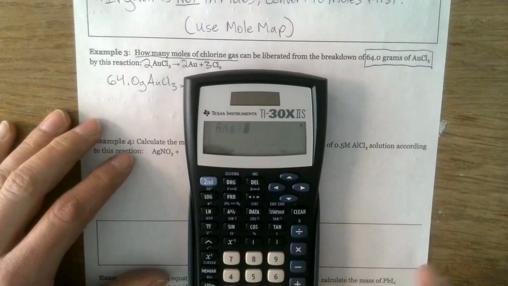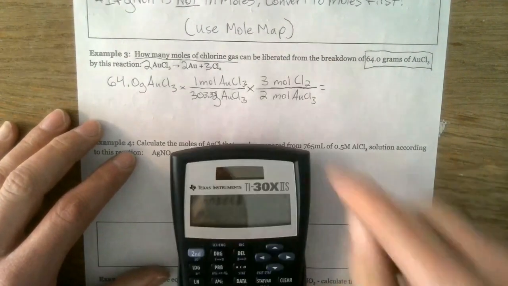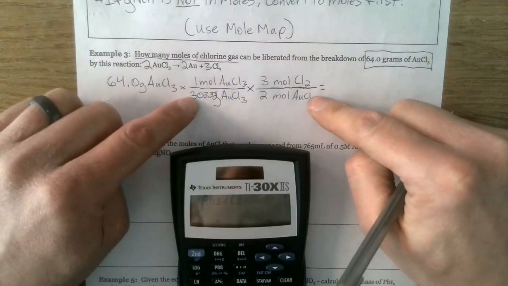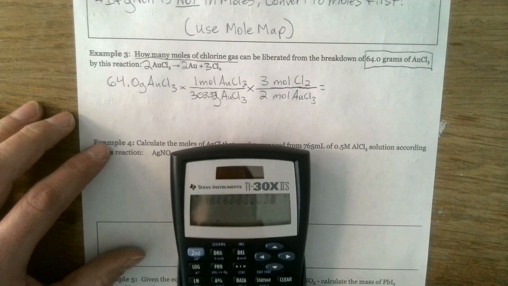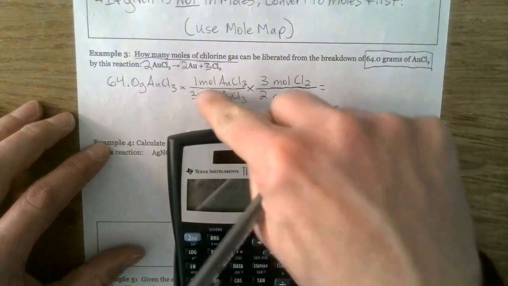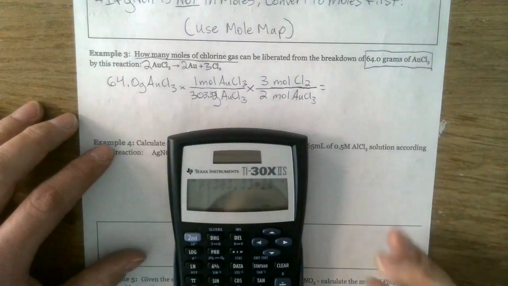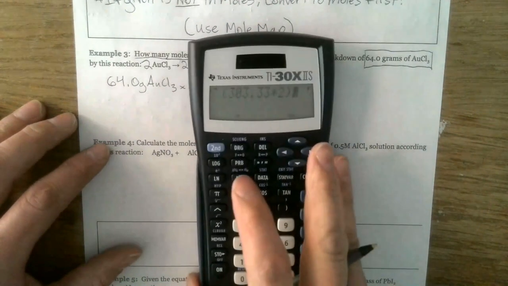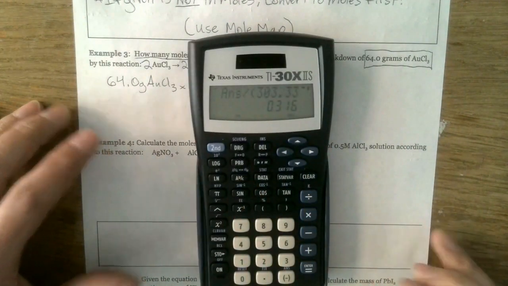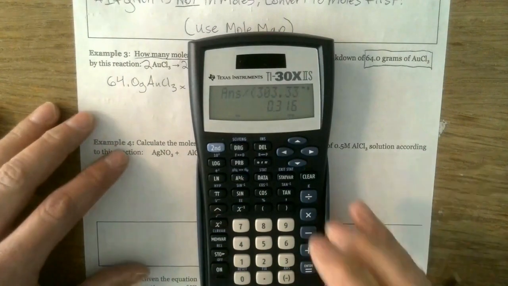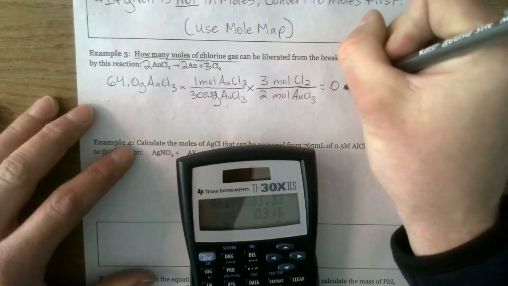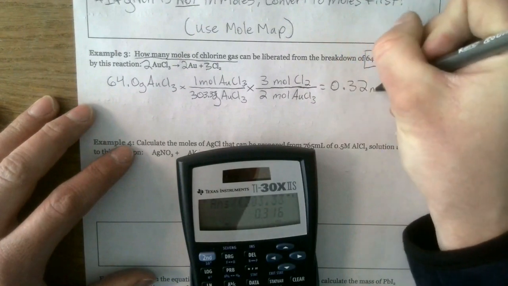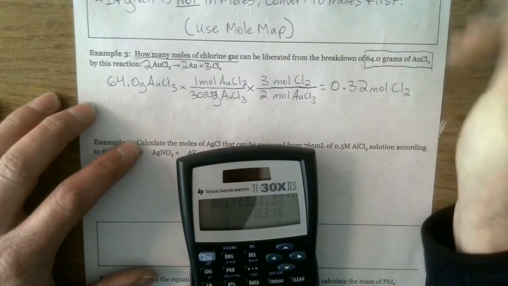So when we hit divide, we open a parenthesis and put everything that's on the bottom: 303.33 times 2, because that's multiplying everything on the bottom. We close that parenthesis, and that gives us 0.316, which we can round to 0.32 moles of Cl2.